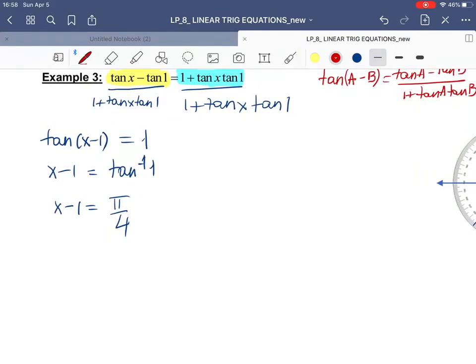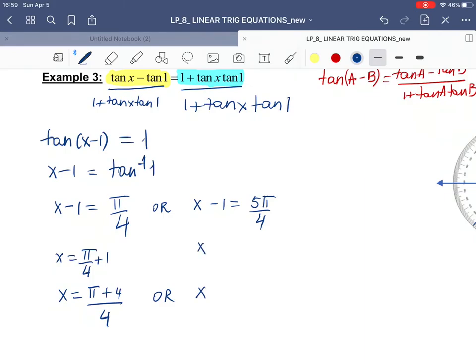Okay, so getting back here, we have to state our answers as x minus 1 equals pi over 4, x minus 1 equals 5 pi over 4. So x equals pi over 4 plus 1, or even better, pi plus 4 over 4, or x equals 5 pi over 4 plus 1, or 5 pi plus 4 over 4.